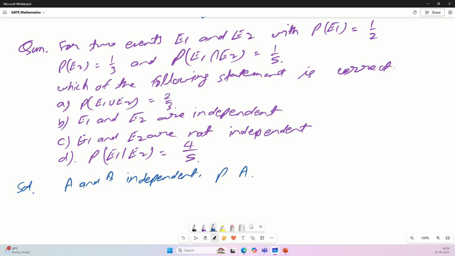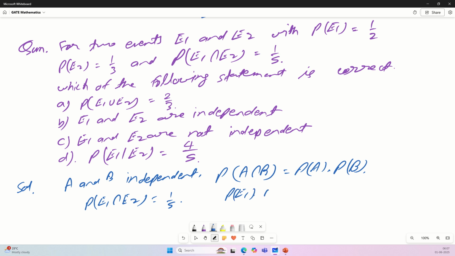When probability of A intersection B is equal to probability of A into probability of B. So why don't we do one thing here: if my probability of E1 intersection E2 is equal to 1 by 5, is it equal to probability of E1 into probability of E2? If it is yes, then we can say these two are independent, right?